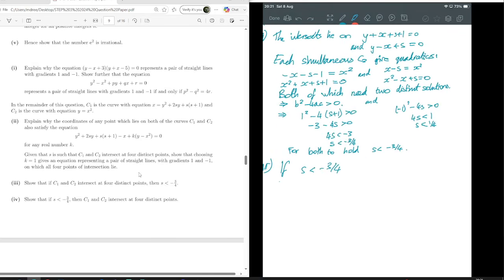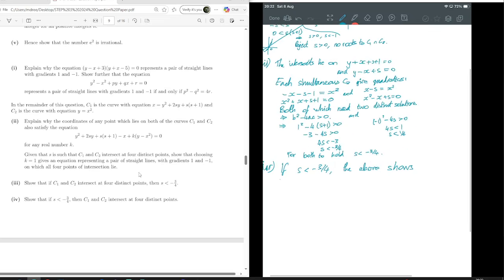Now I kind of need to show, so the above shows C2 intersects, what were my 2 straight lines? y equals -x minus s minus 1, and y equals x minus s, twice each.